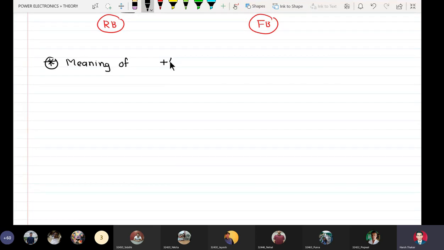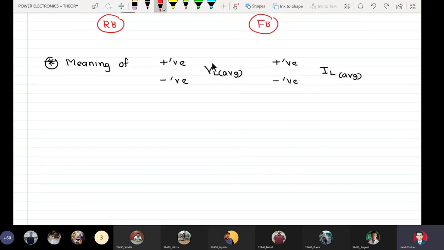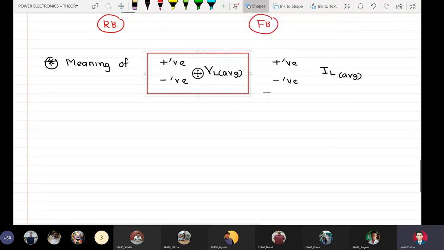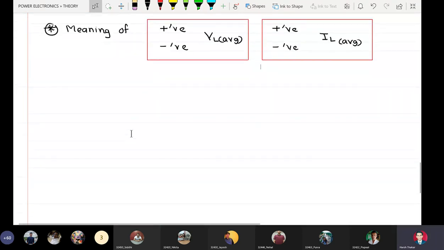Meaning of positive and negative VLAVG and positive and negative ILAVG. Okay, fine.